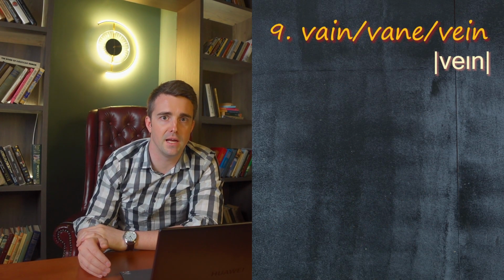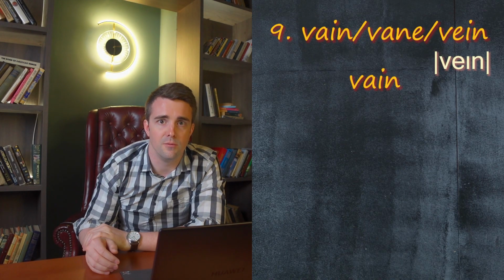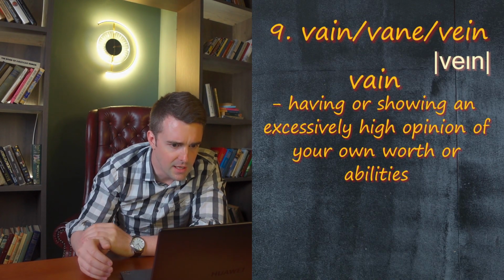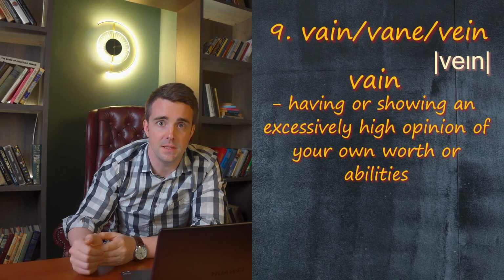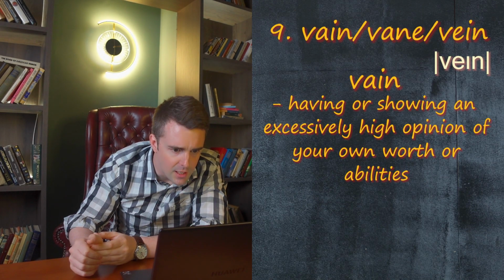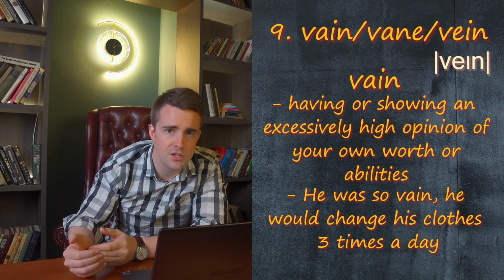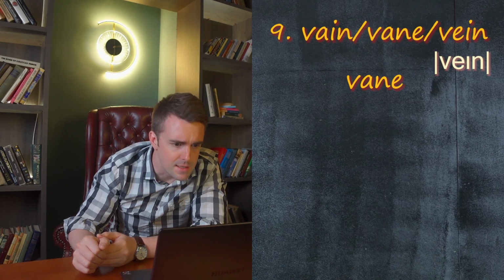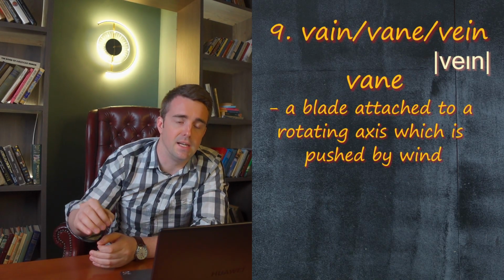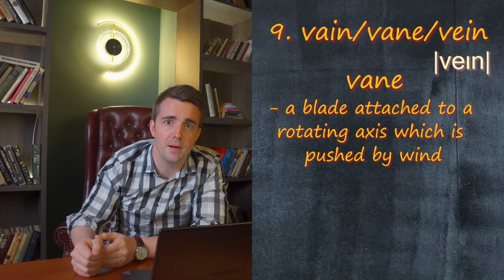Let's look at vain, vane and vein. So vain is having or showing an excessively high opinion of your own worth or abilities. For example, he was so vain, he would change his clothes 3 times a day. But vane is a blade attached to a rotating axis which is pushed by wind.